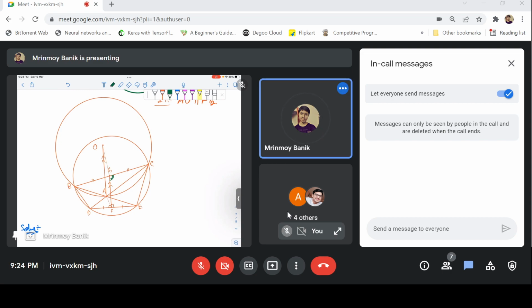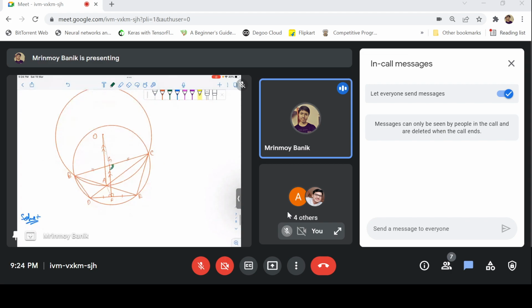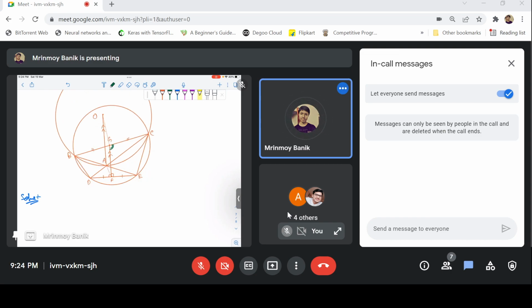Okay, observe that you already observed that G is the circumcenter of the quadrilateral. Now, DE is any chord of that same circle, so GF will be perpendicular to it.